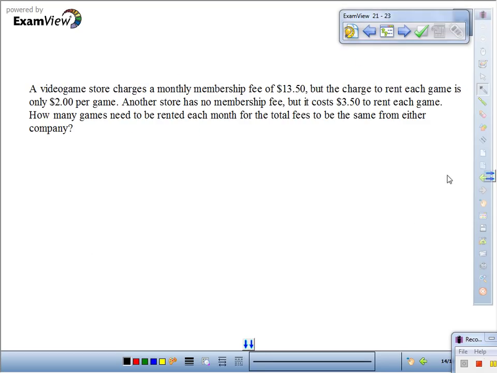Here we go. Let's cube this one. So at the top, make sure you write the word cubed. It says, a video game store charges a monthly membership fee of $13.50. But the charge to rent each game is only $2 per game. Another store has no membership fee, but it costs $3.50 to rent each game.